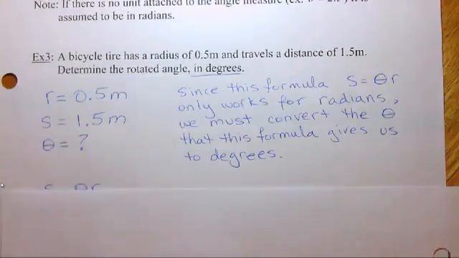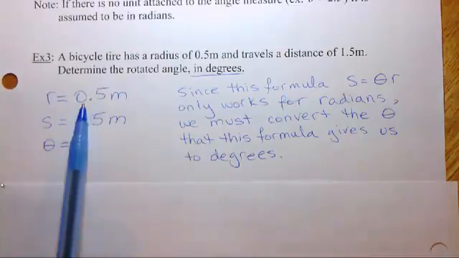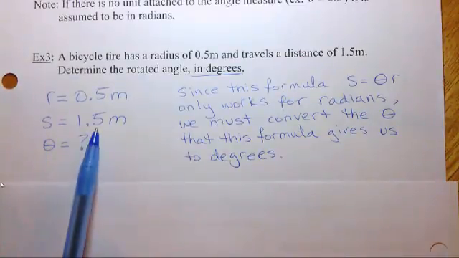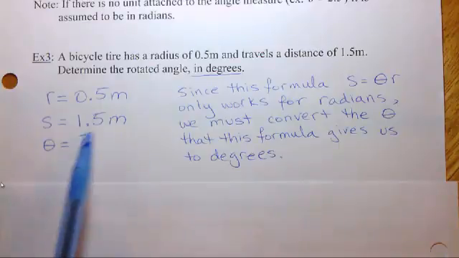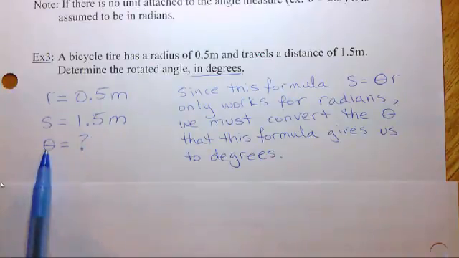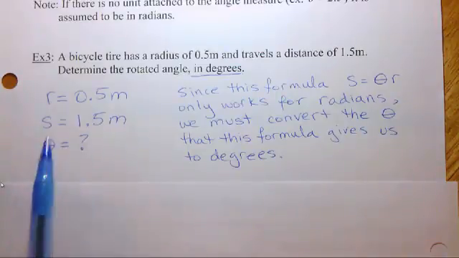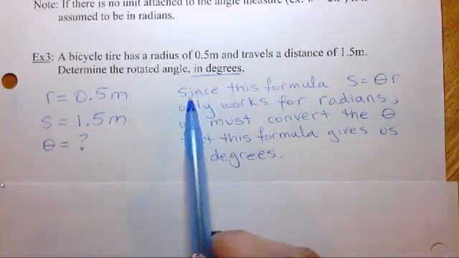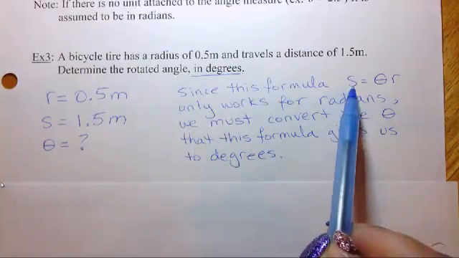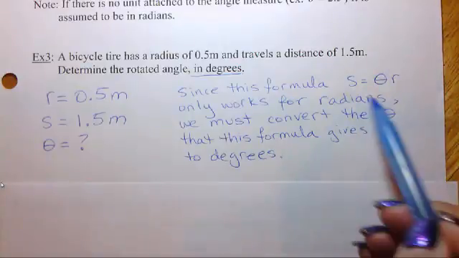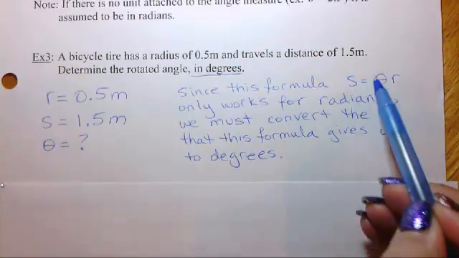These are all the things that we know. We know that the radius is 0.5 meters. We know that the arc is 1.5 meters. And we also know that we don't have any number for the angle, so that's what we're trying to figure out. We have to remember, since this formula, s equals theta r, you'll also hear some people refer to it as s o r, because this looks like an o.